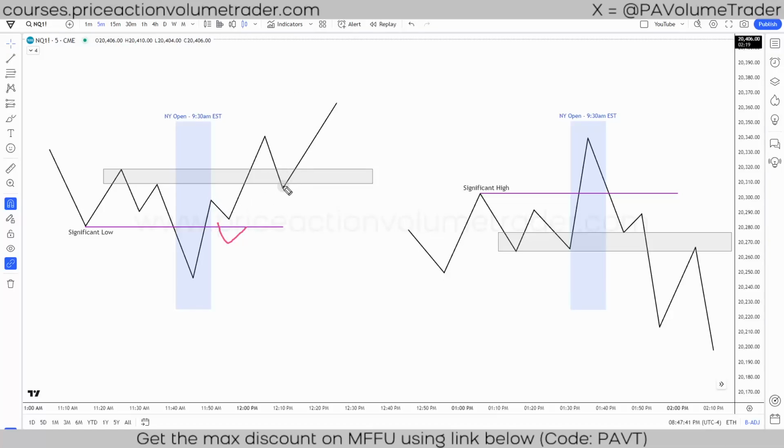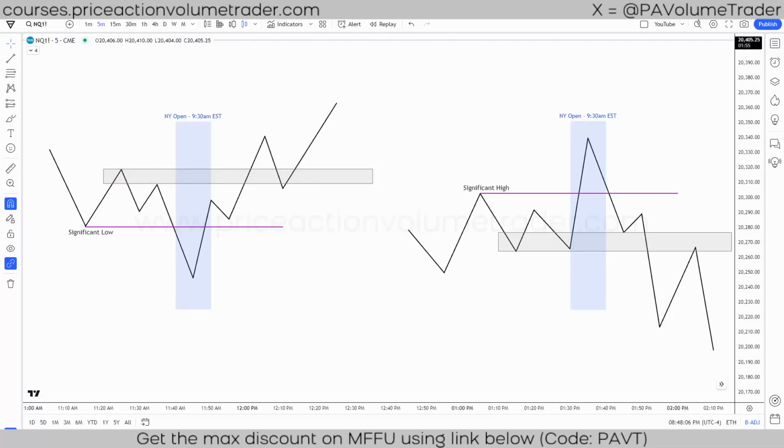And then I will look for an entry once we have broken above the candle consolidation, the last push up that led into the fake out below. I would like to get positioned once we have regained this level and we are above this area that I've marked off over here.